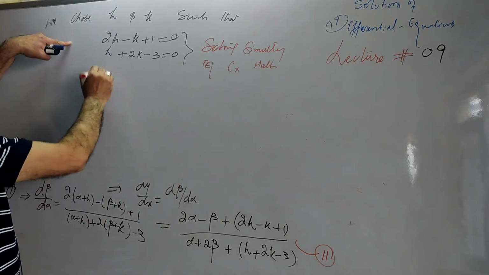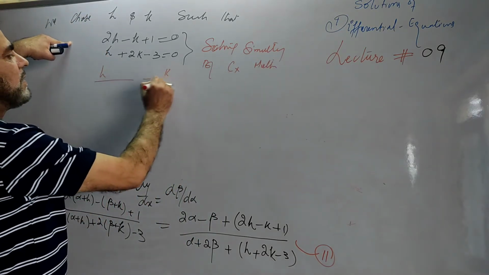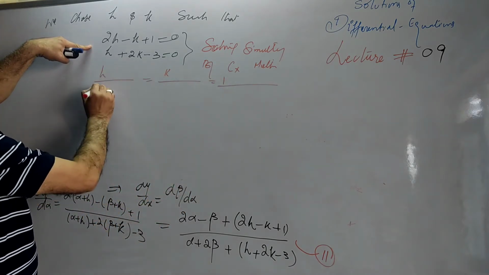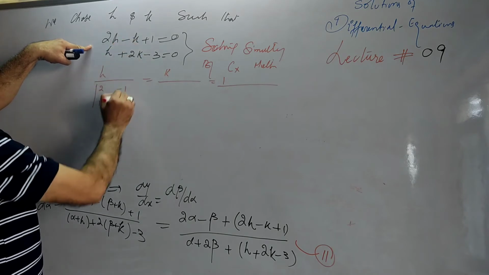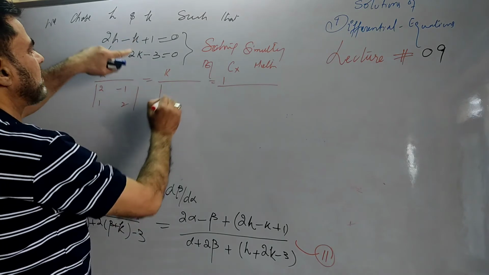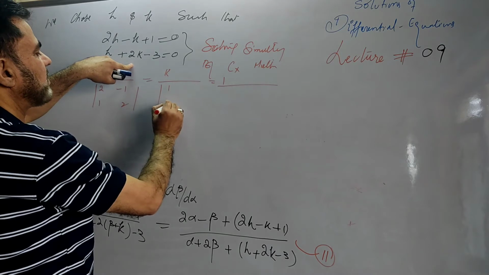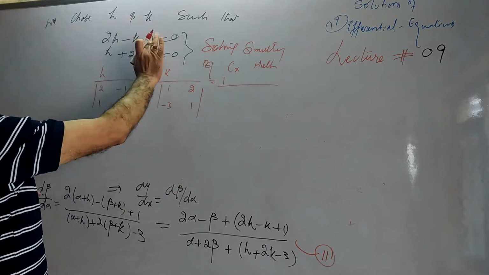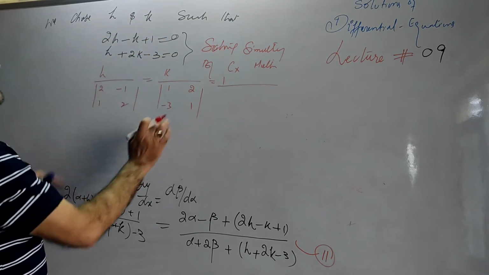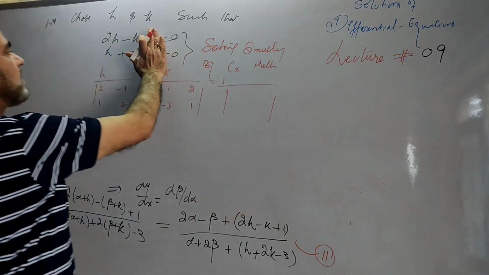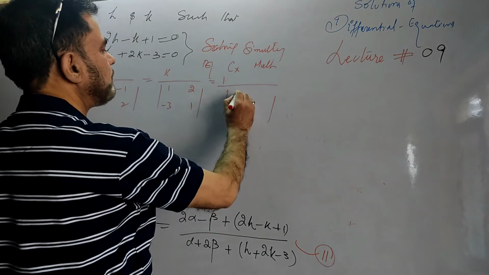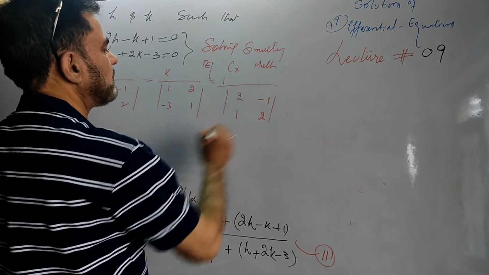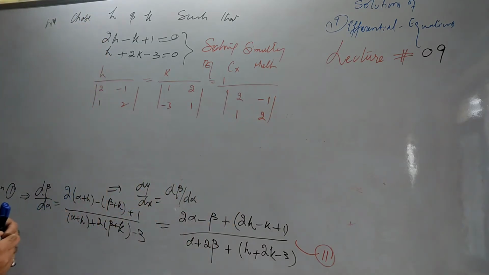This is h, then you write k, then 1, then the coefficients 2 1, minus 1 2, 1 minus 3, 2 1.